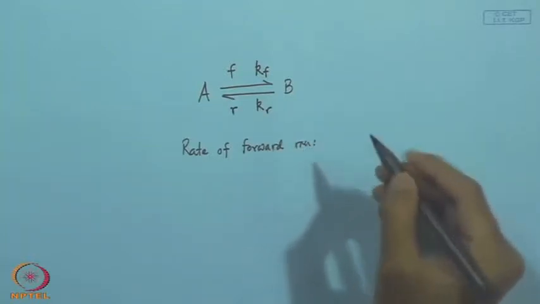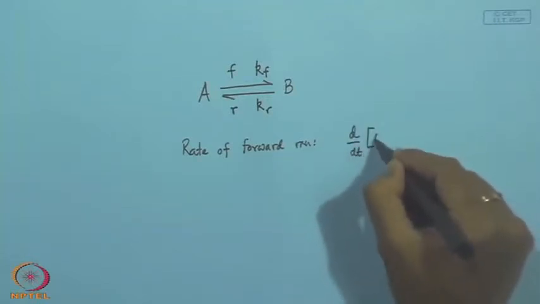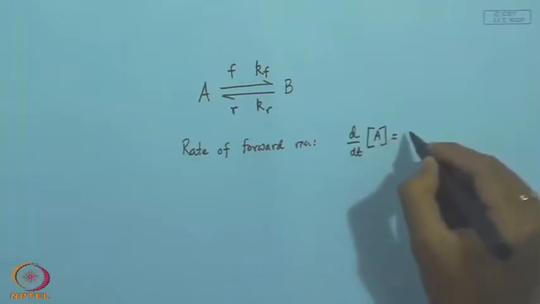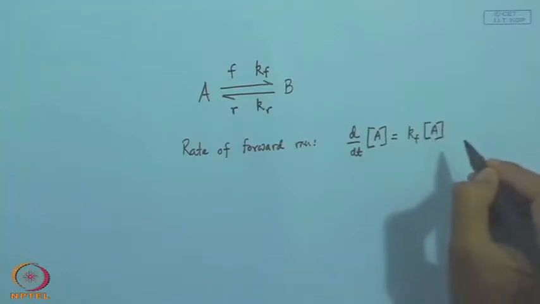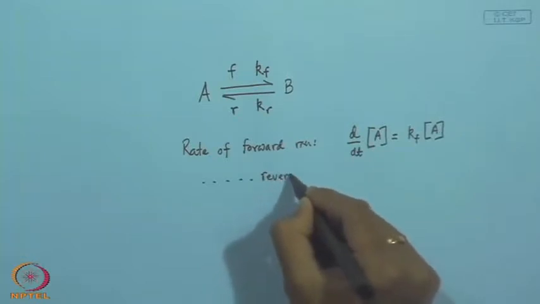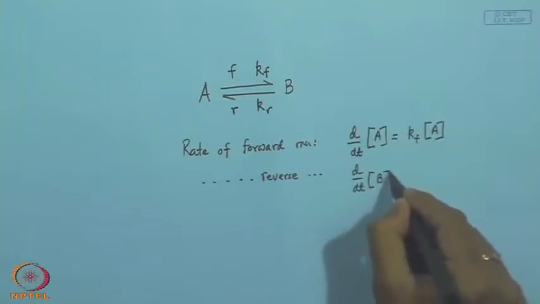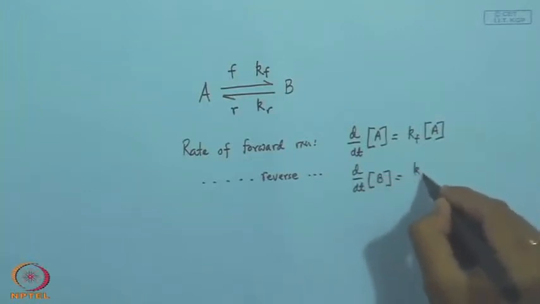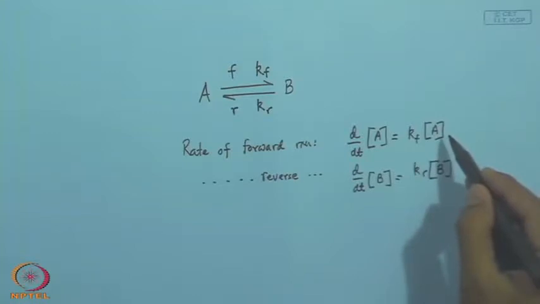The rate of forward reaction can be written as d/dt of A is equal to K f into A. In the same way, the rate of reverse reaction is d/dt of B is equal to K r into B. Since I already have told you that in both directions, kinetics is first order kinetics.